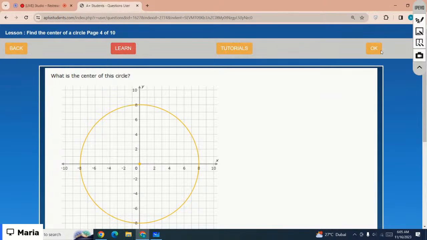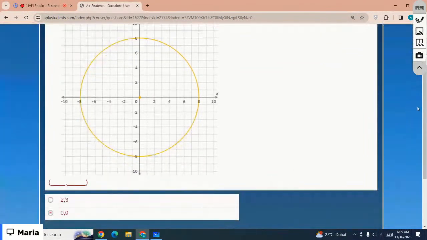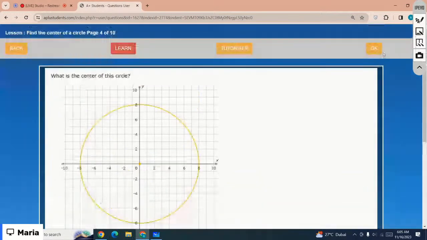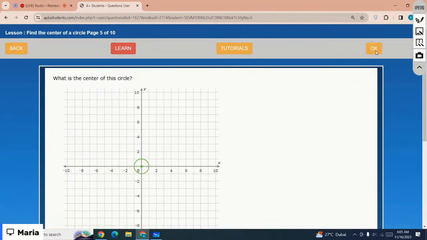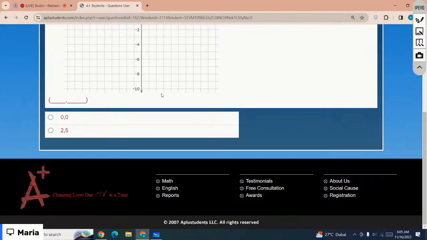Both x and y are 0, 0. So the correct option is the second one. Okay, what is the center of the circle? Yes, that is the origin 0, 0.